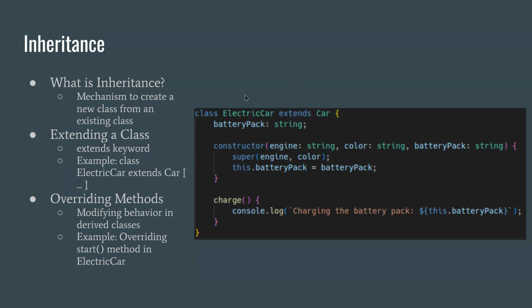For example, ElectricCar extends Car and inherits its properties and methods, and also adds new features like a battery pack. Overriding methods is also a crucial concept, where the child class changes the behavior of a method inherited from the parent class. So this allows for more specific behavior in derived classes.